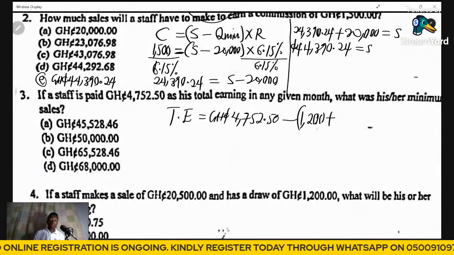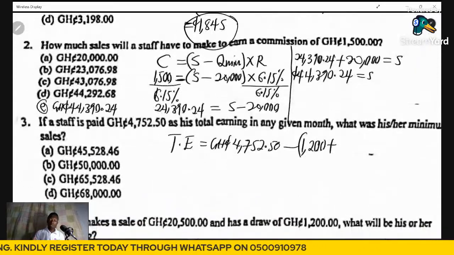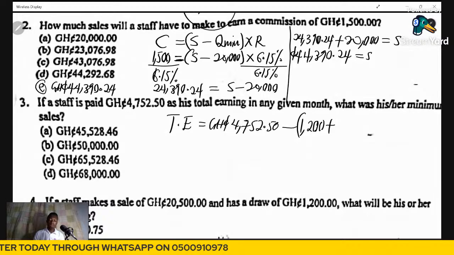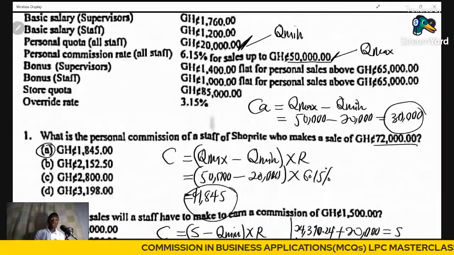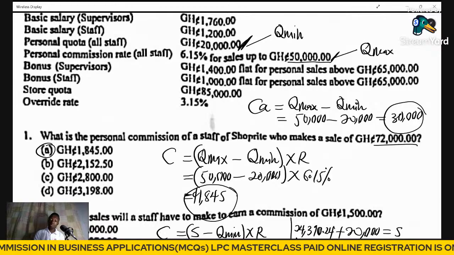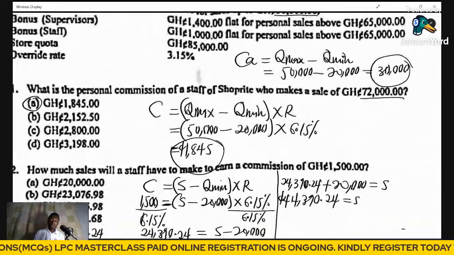So we have 1,200 for the staff, right? That is the basic salary. And the commission, we are assuming that it actually exceeds the maximum quota. You earn a commission of what? 1,845, right? Then we also assume that you get a bonus for a staff. You must exceed 65,000 to get a bonus. So the bonus figure for the staff is what? 1,000, right?